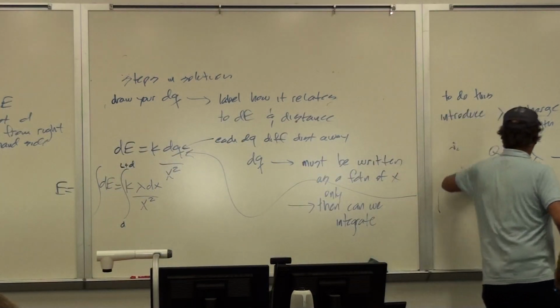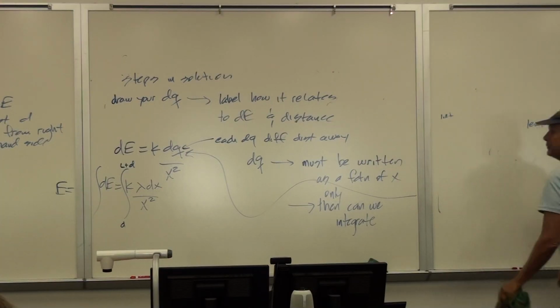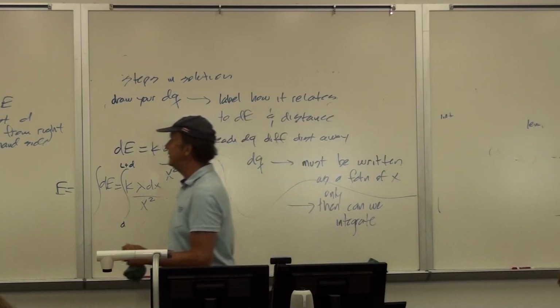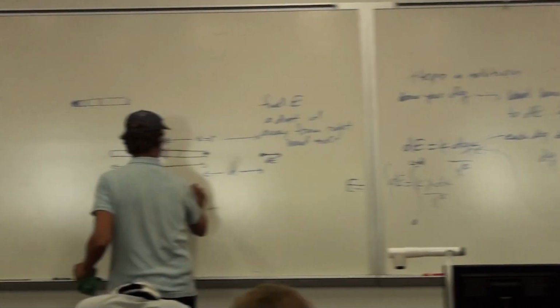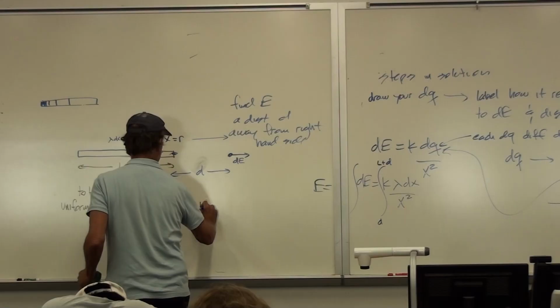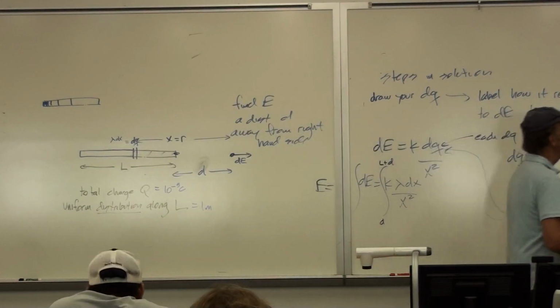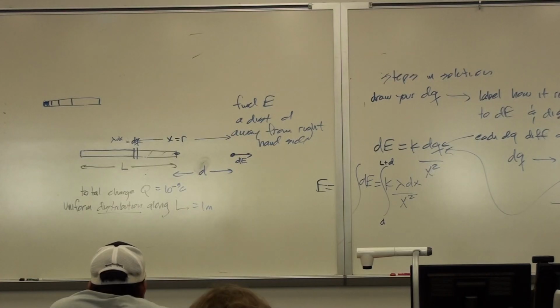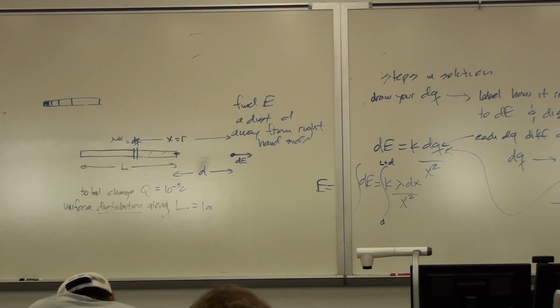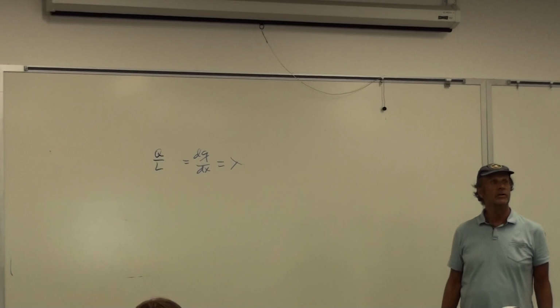So let's go ahead and solve that. For this problem, say that total charge is 10 to the minus 5 coulombs, and the total length is 1 meter. So if that's the case, then I can say that my lambda, even though it's dq dx, I can also write it as total charge over total length.